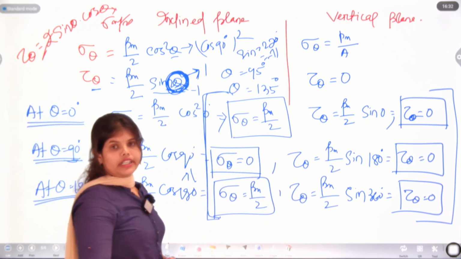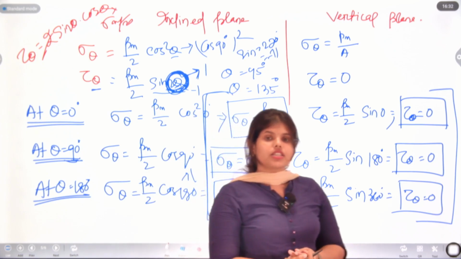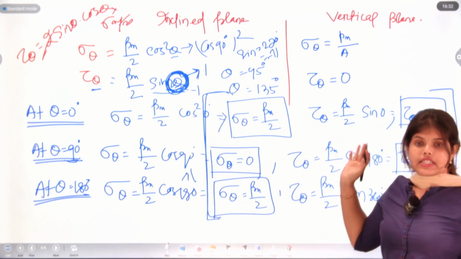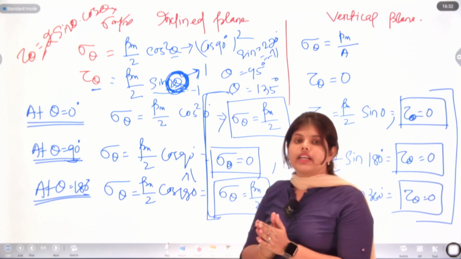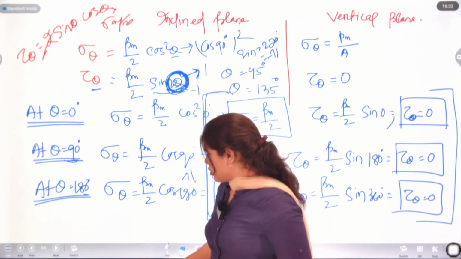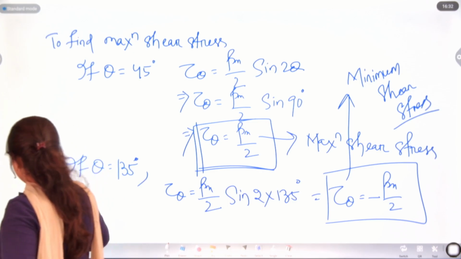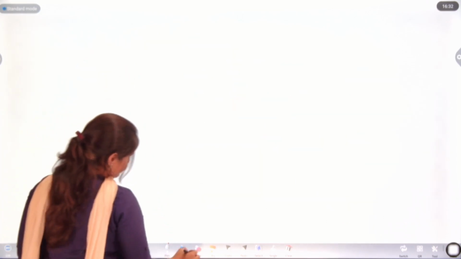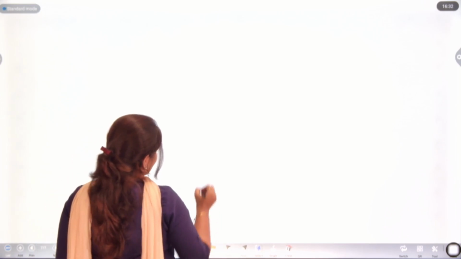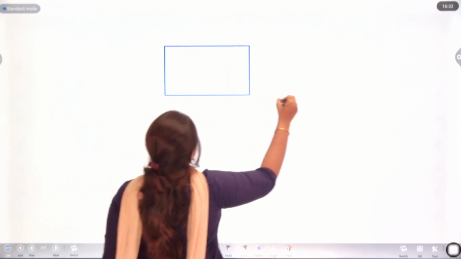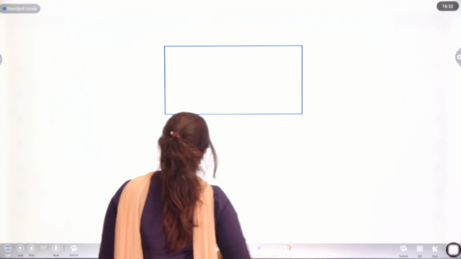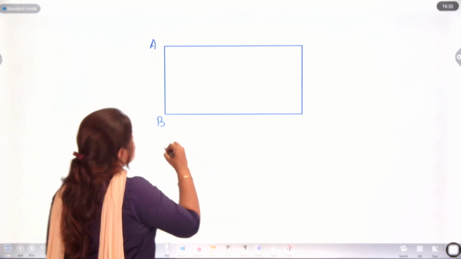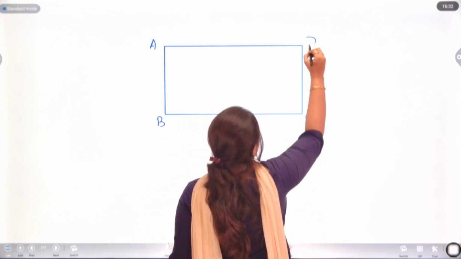As I have already told you, if in case of any plane the shear stress is 0, we will take that plane as a principal plane. So, here we will take that object as A, B, C and D.